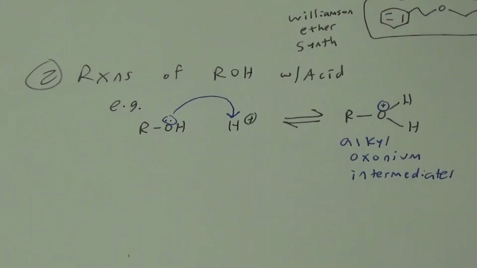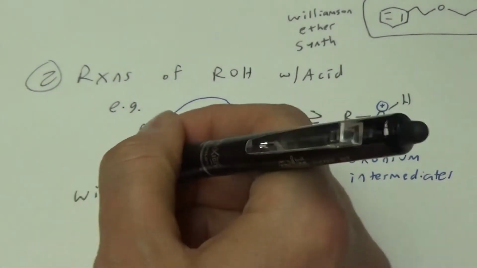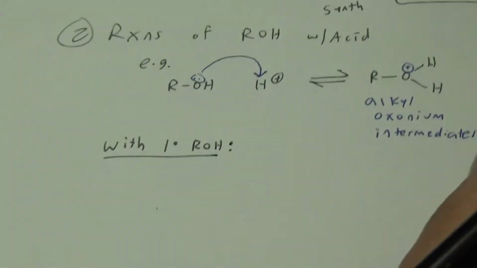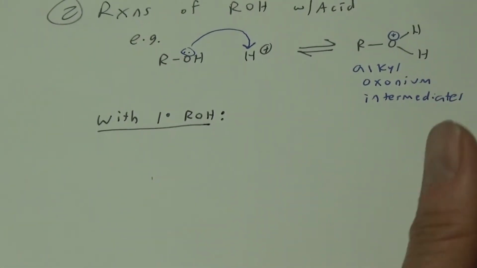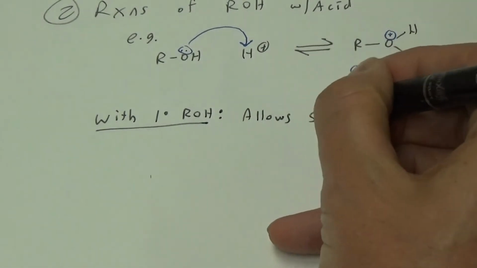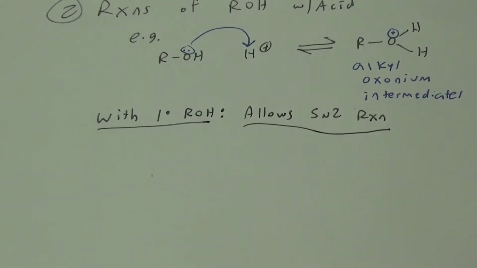So what are a couple examples of this? So with a primary alcohol, this allows an SN2 reaction in a way that converts an alcohol into a haloalkane.